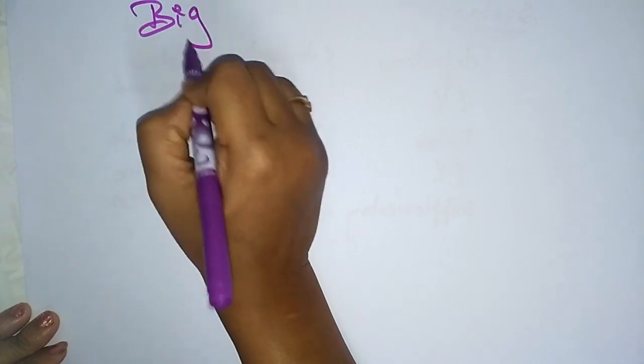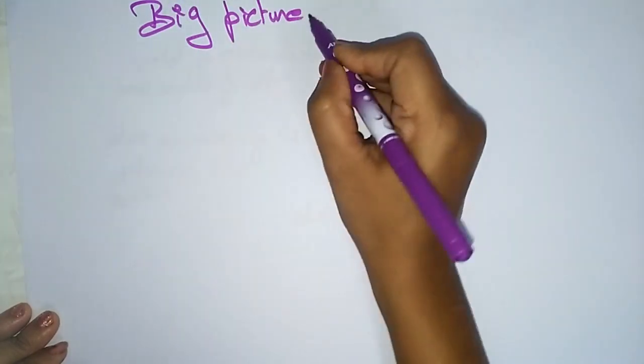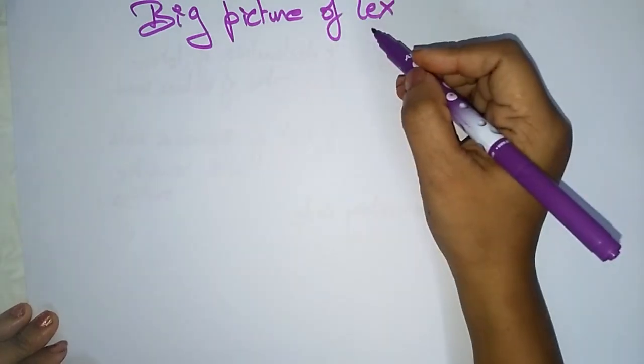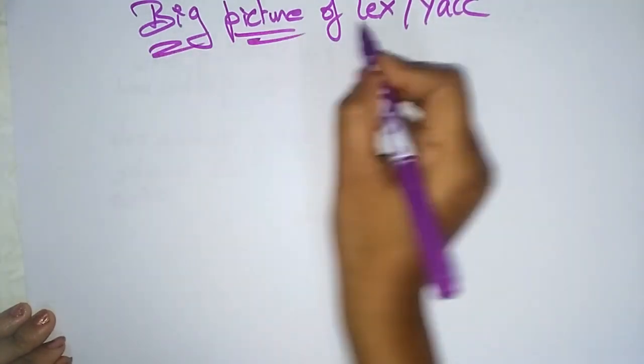Let me show you the big picture of Lex and YACC, and how they are helpful for implementing the lexical analyzer and the parser. Let's see what these two will do.